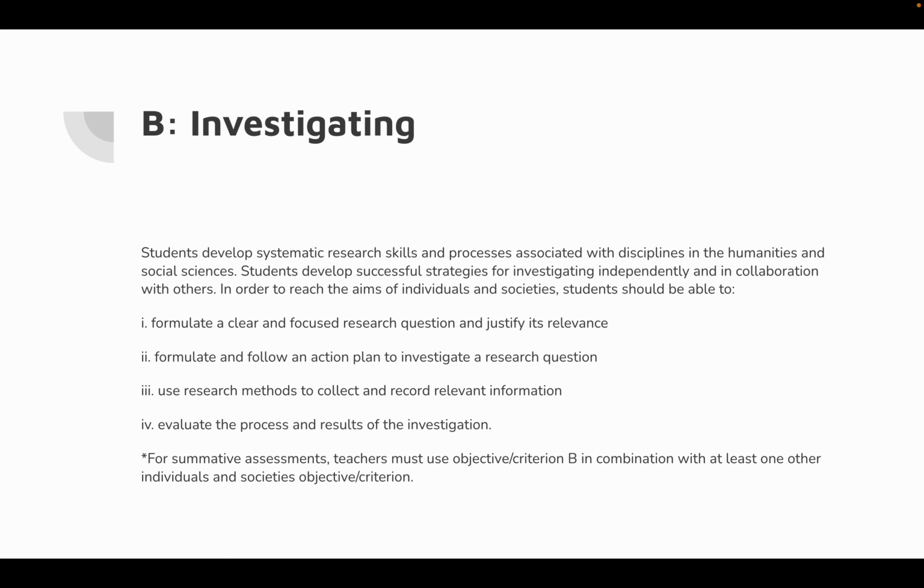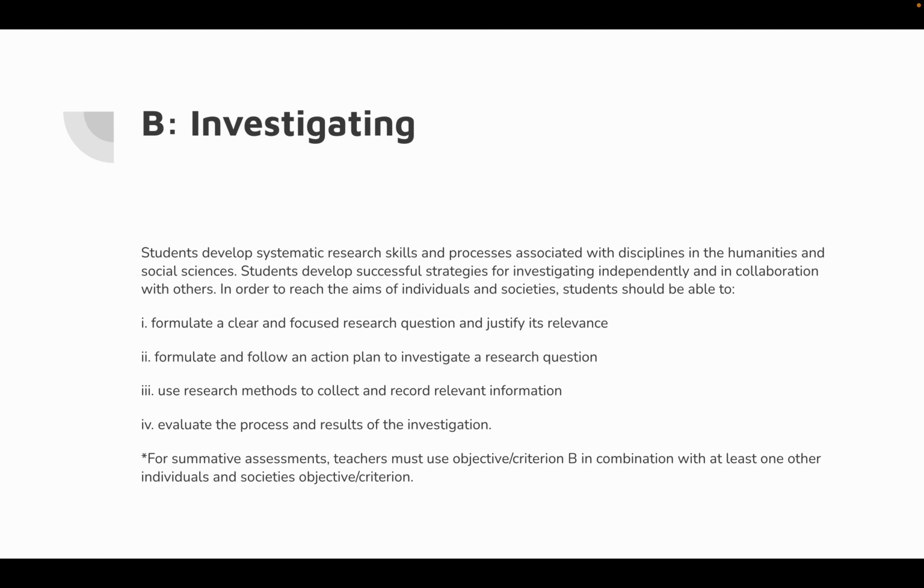Criterion B is investigating. And another thing about these criteria, they increase in difficulty. In MYP 1, they're simpler, then MYP 3, they're in the middle, and then MYP 5, they are more detailed.